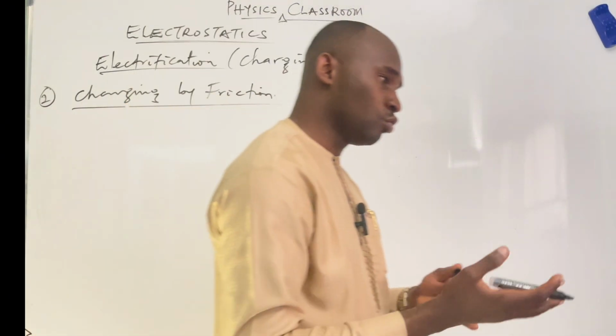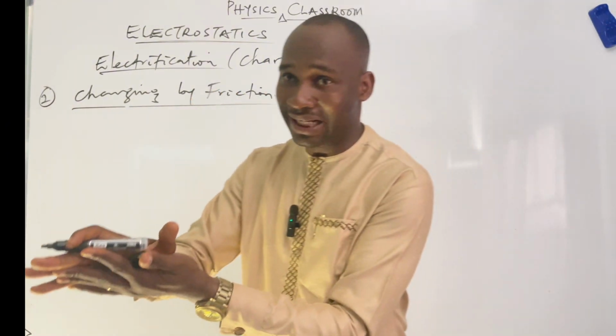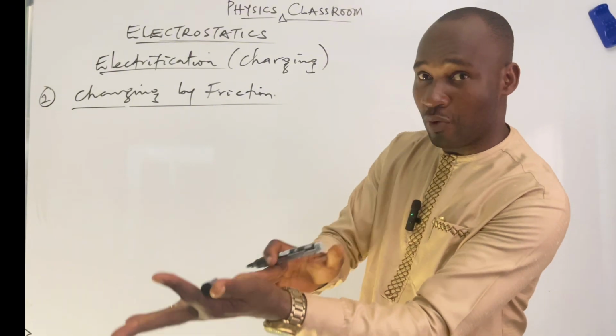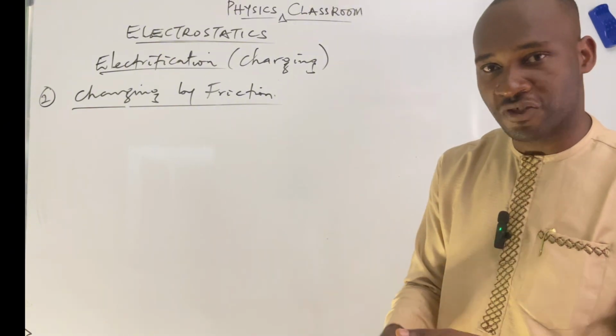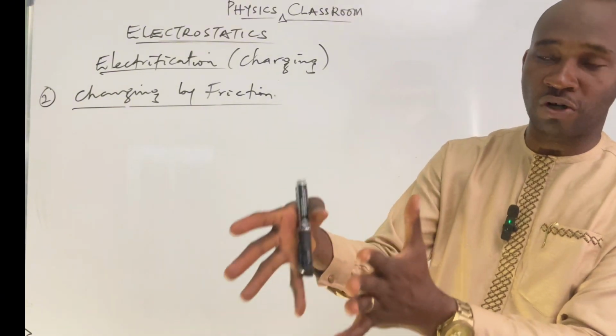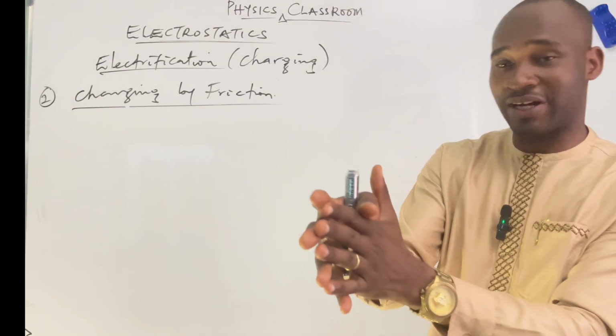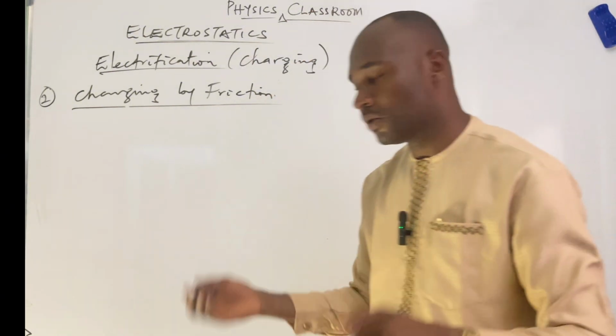Friction has to do with 2 bodies coming to contact, then separating, one sliding over the other. That's friction. Frictional force is the opposing force acting on the surface of 2 bodies in contact, trying to separate them, such that one slides over the other.